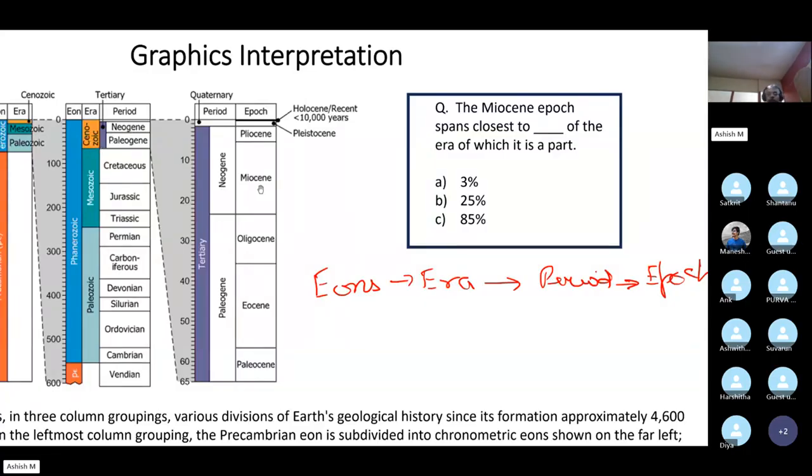So Miocene epoch is a part of Cenozoic era. Agreed? And Cenozoic era itself, by the way, would be how many years? In fact, this entire thing, 65. Clear 65. Friends, are you with me?